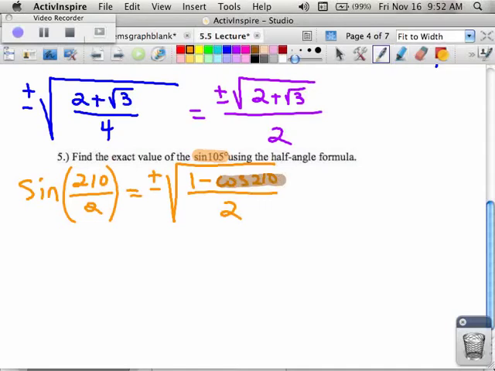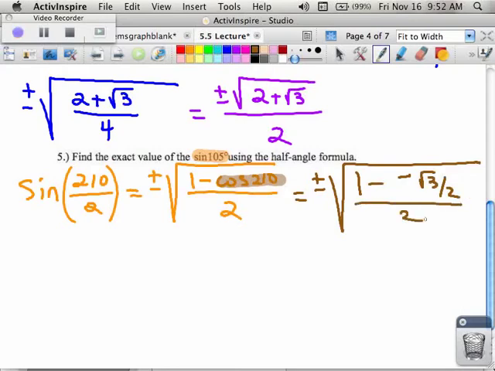Plus or minus square root of 1 plus radical 3 over 2, all of that over 2, equals plus or minus radical 2 over 2 plus root 3 over 2, all over 2. Wait a minute, didn't we just do this one?